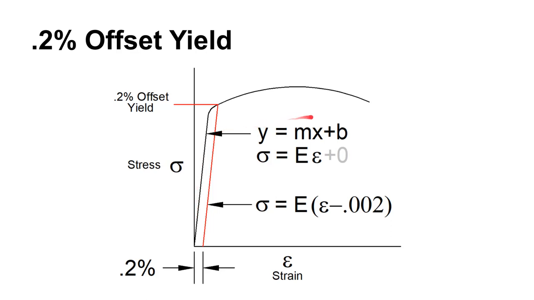Okay, and you remember back in early algebra days, you had y equals mx plus b. So m here was the slope, and instead of using y, we're just going to call this axis little sigma. Okay, so we have stress is equal to, instead of saying m, we'll just say E, or Young's modulus, times x, and for x we have strain values, plus b. All right, and we already said that this just goes down to 0, so this really just disappears.